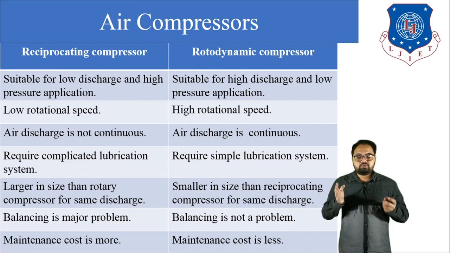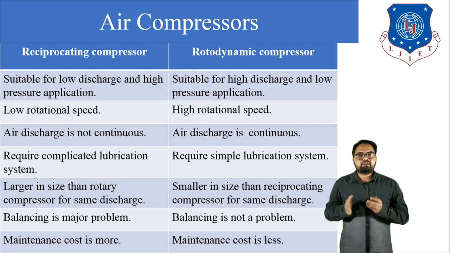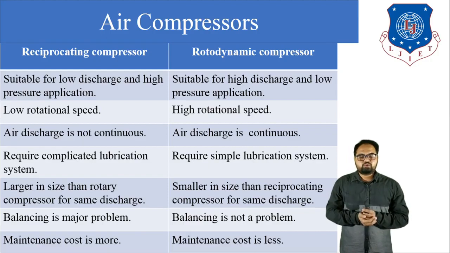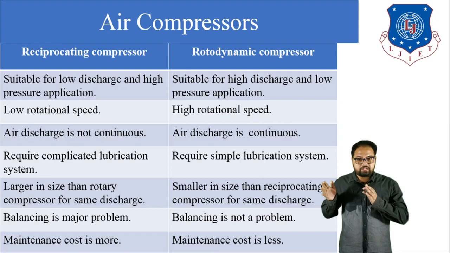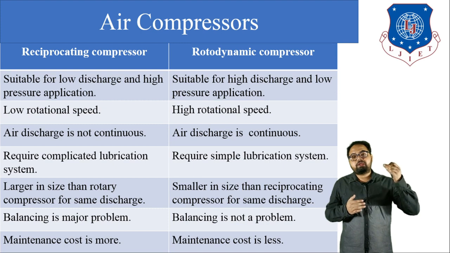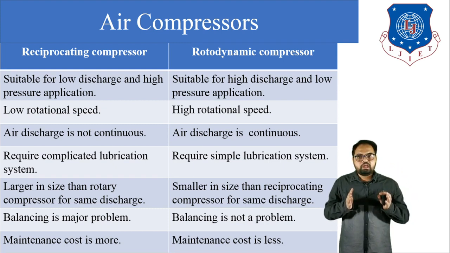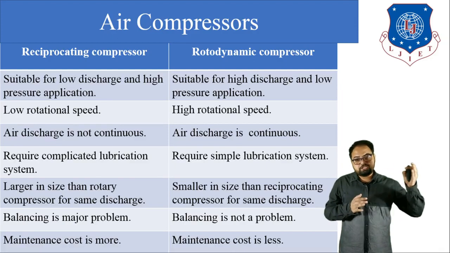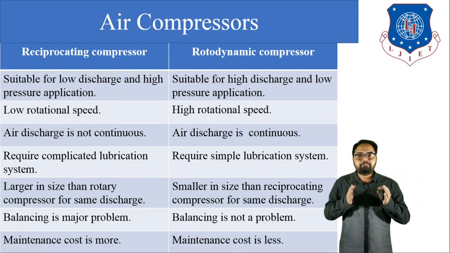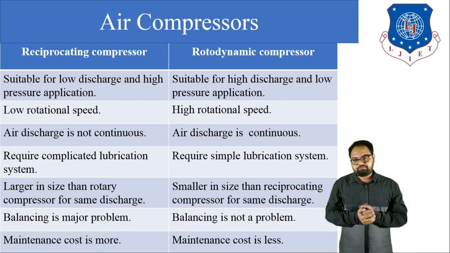So what is the main difference between reciprocating air compressor and rotodynamic air compressor? Dear students, reciprocating air compressor is suitable for low discharge and very high pressure application, while rotodynamic compressor is suitable for high discharge and the area where we require very low pressure.